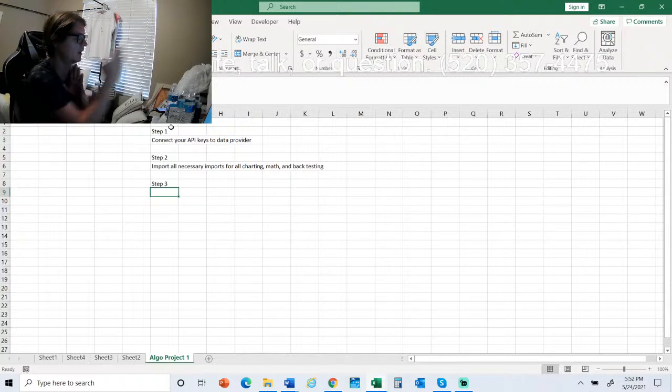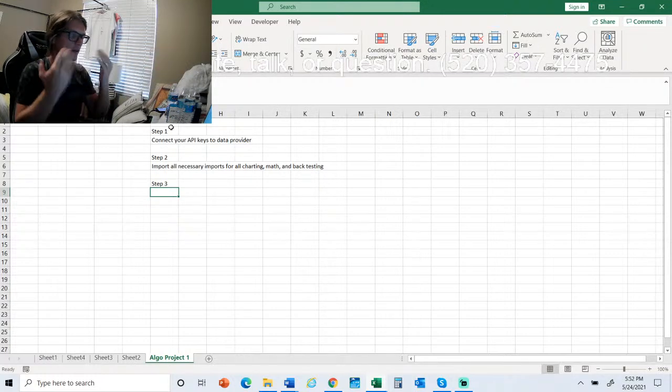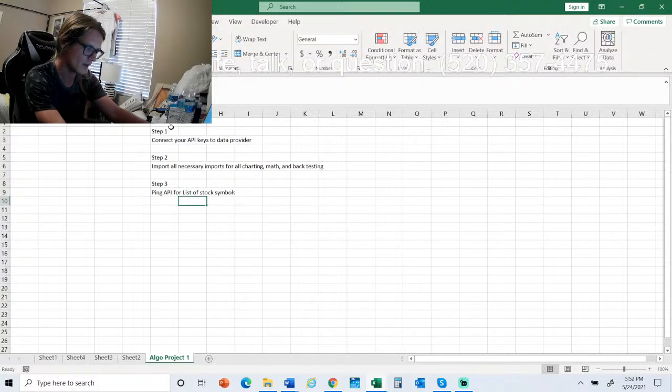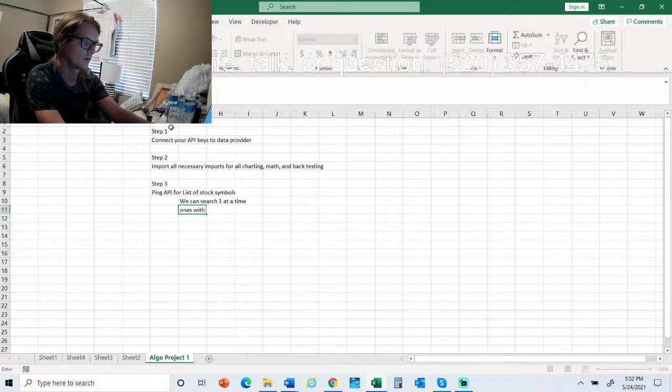We will ping the API and say, give me the list of stock symbols, and search one at a time with option chains only.